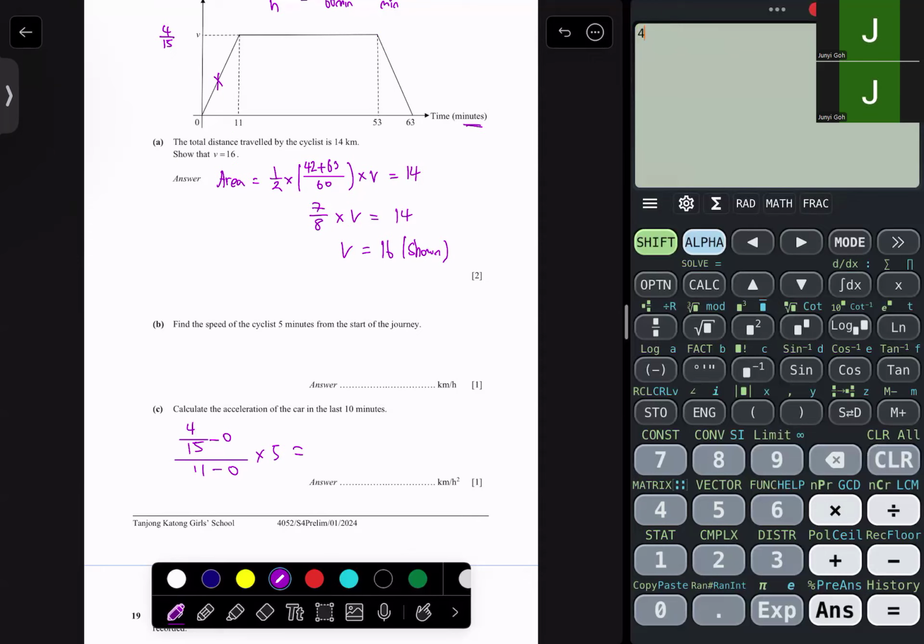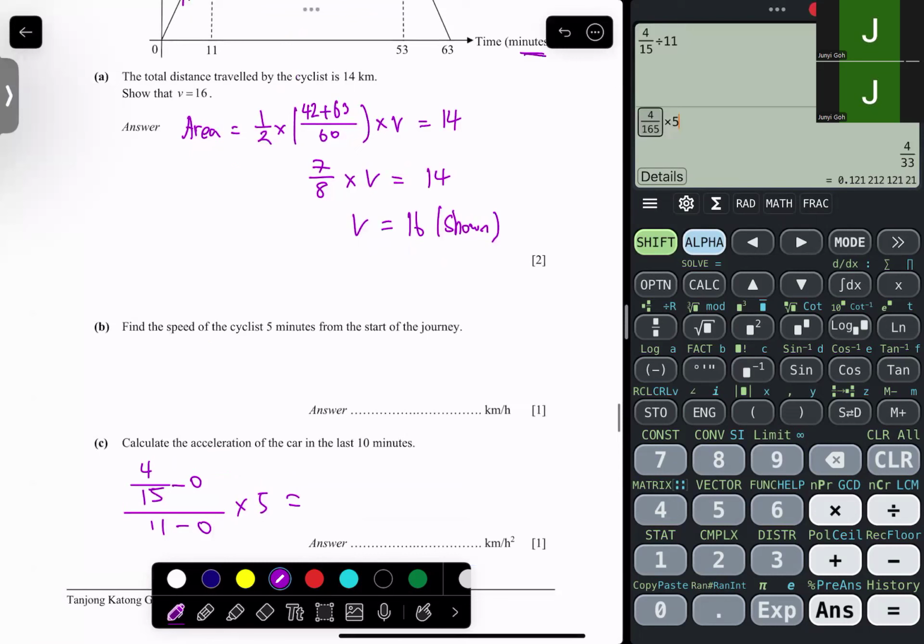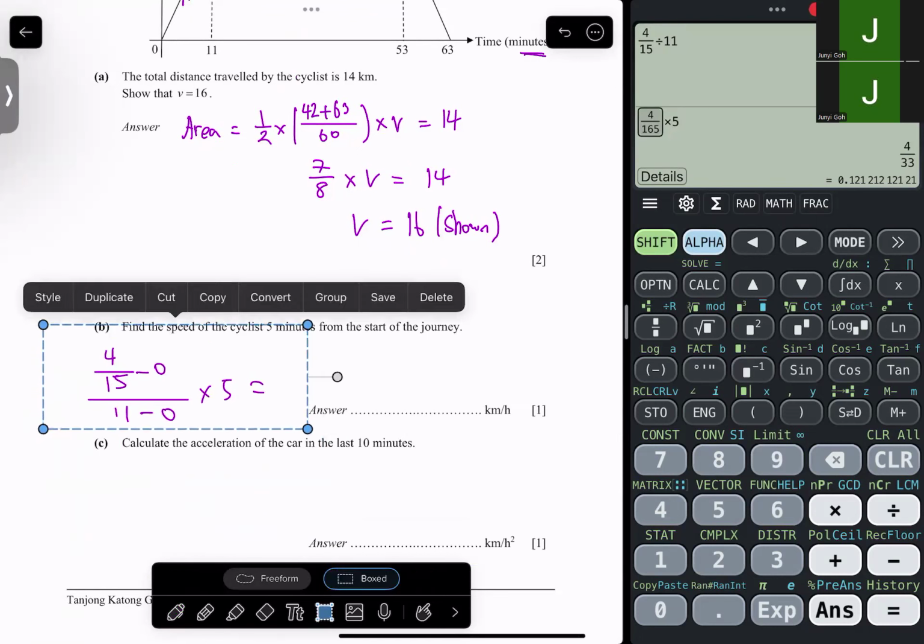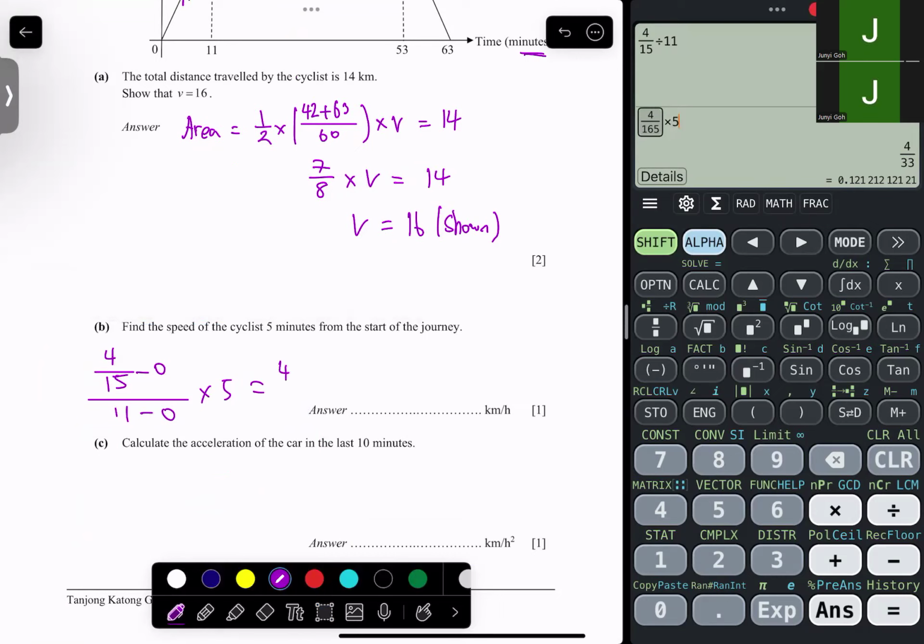So we get 4 out of 33 kilometers per minute.